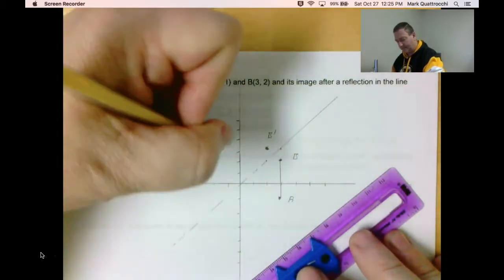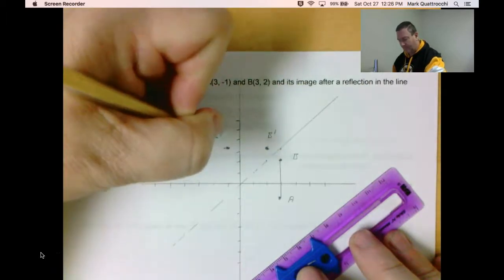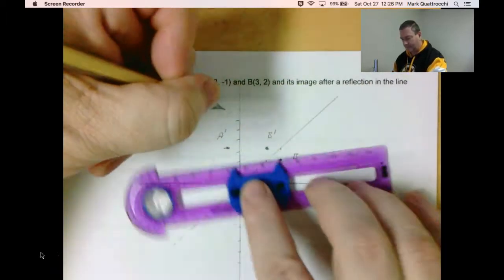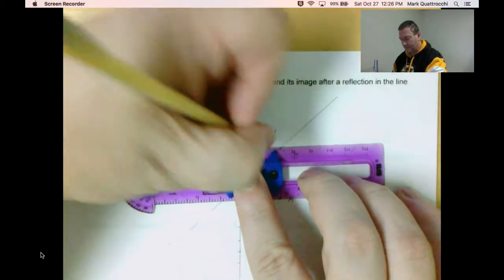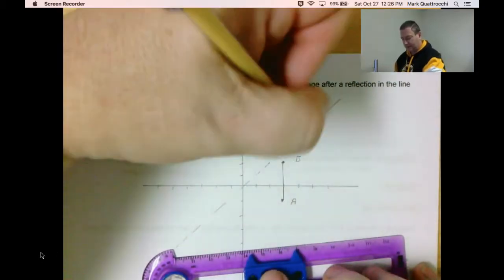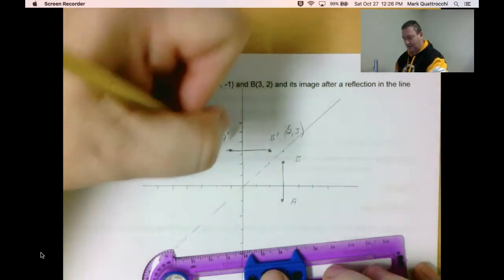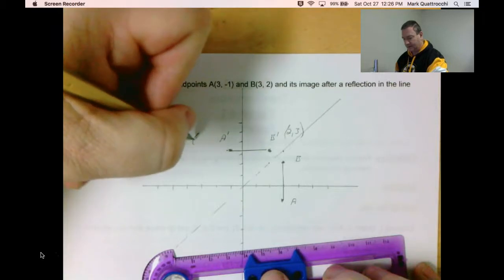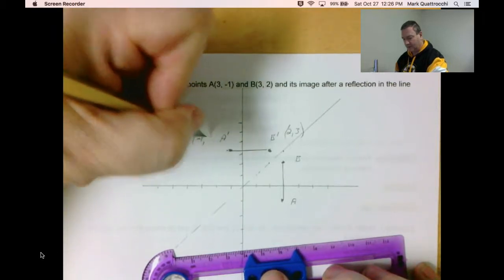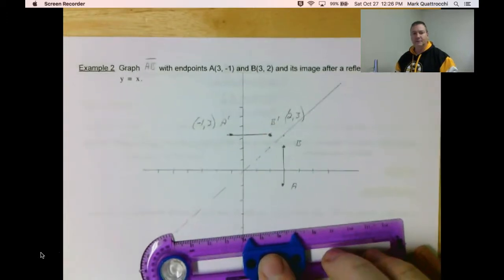So B prime ends up at (2, 3), and A prime ends up at (-1, 3). And that's example 2.